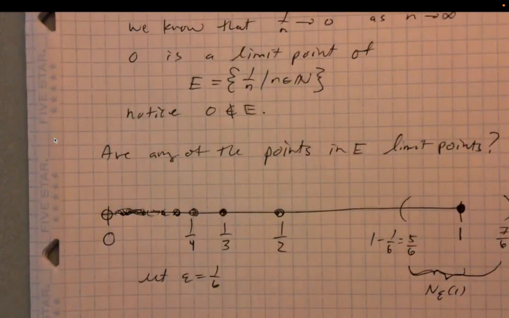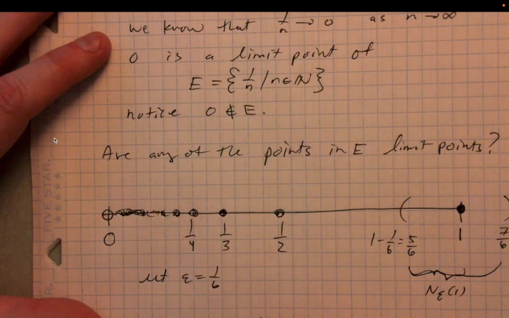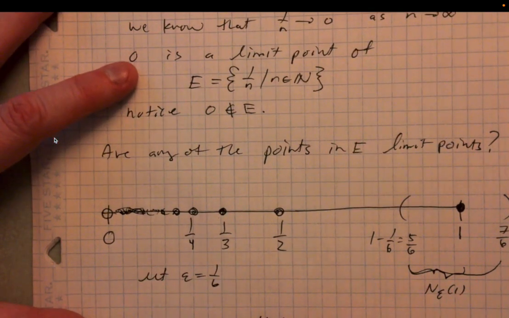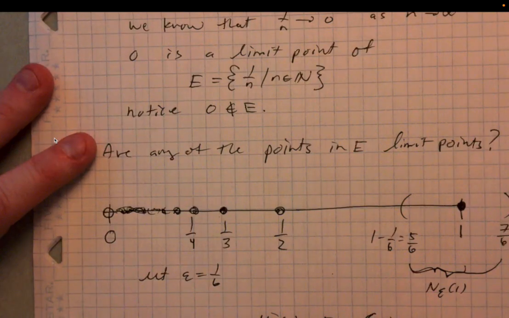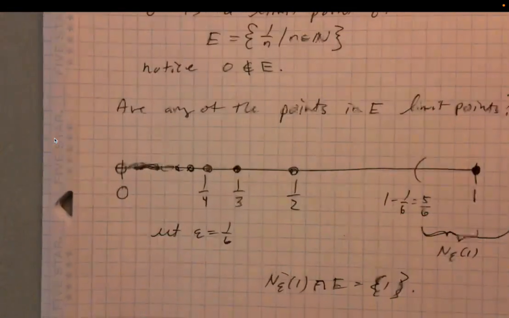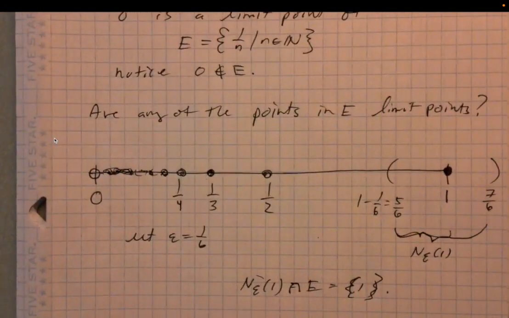Now the only element from E that's in this epsilon neighborhood is 1 itself. So that neighborhood intersecting E contains just 1. And so for that reason, it's isolated in E.